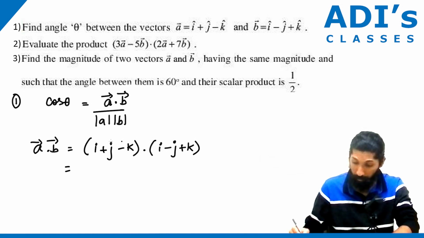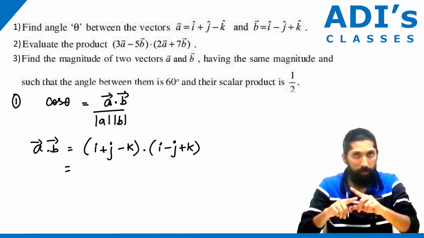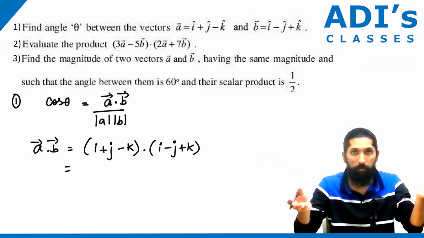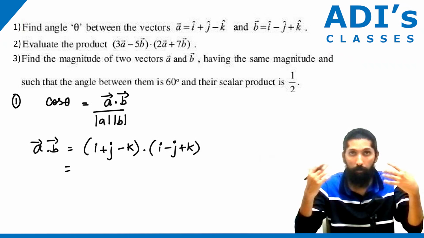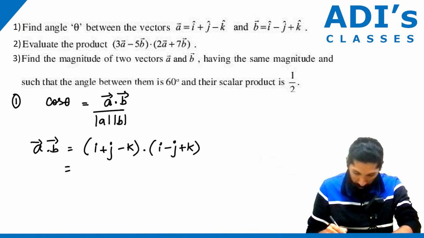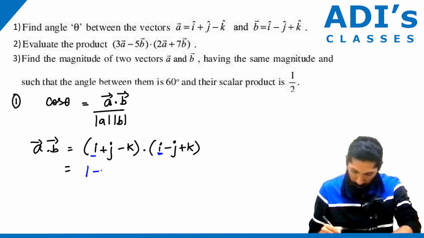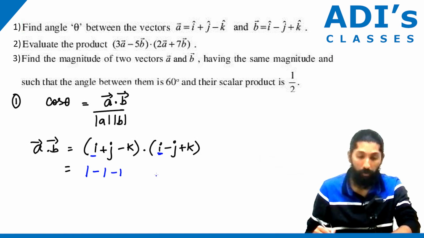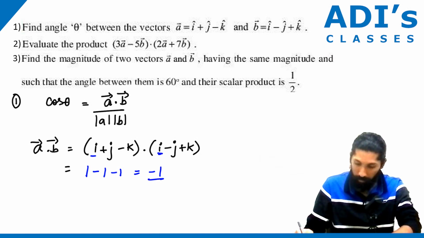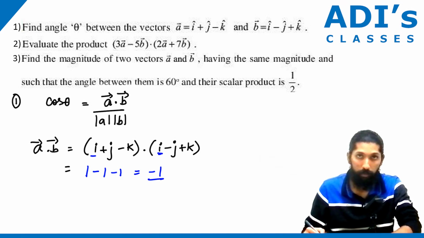Remember, we have to do only i dot i, j dot j, k dot k, because i dot j is 0, or any other perpendicular component, if you multiply, it's going to be 0. So here only i dot i. 1 minus 1 minus 1, which is going to give us minus 1 as the answer. So we got A dot B as minus 1.